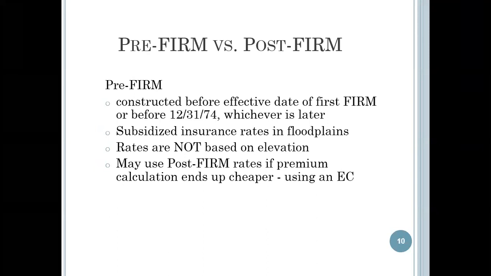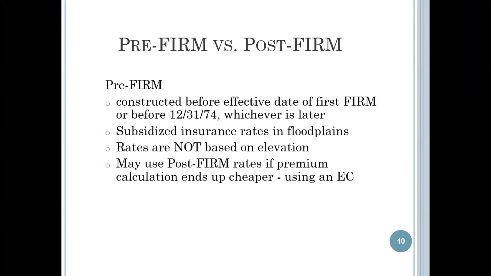So to reiterate, pre-firm is constructed before the initial flood insurance rate map or before 12/31/74, whichever is later. Rates are not based on elevation. Okay, we use elevation on post-firm.